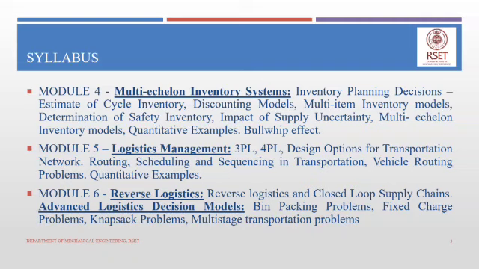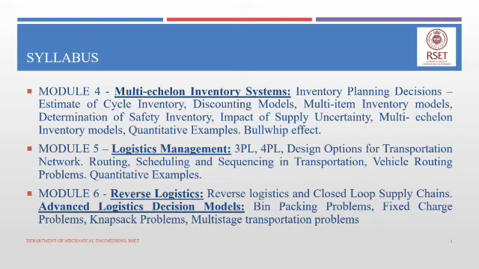Module number 5 and 6 deal with the logistics aspects of supply chains. Module number 5 basically deals with logistics management, the 3PL and the 4PL systems, and the design options for transportation networks. How do we design a transportation network? What are the options available to us? We'll also discuss the routing, scheduling, and sequencing in transportation, and we'll talk about vehicle routing problems with relevant quantitative examples.